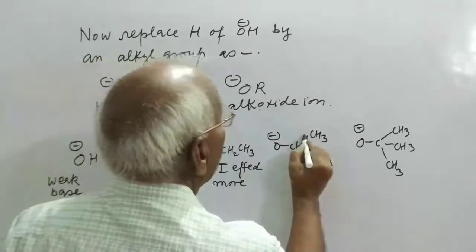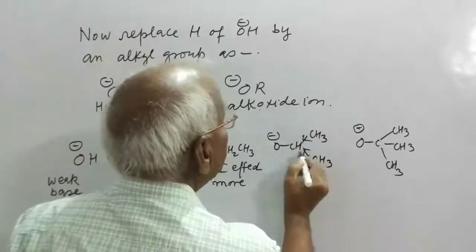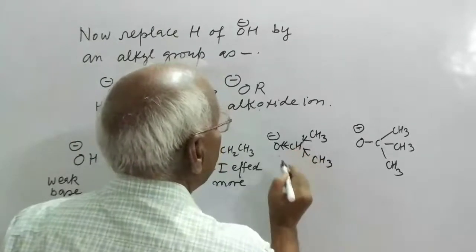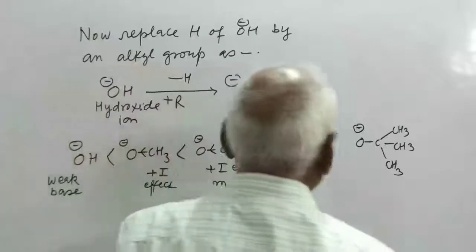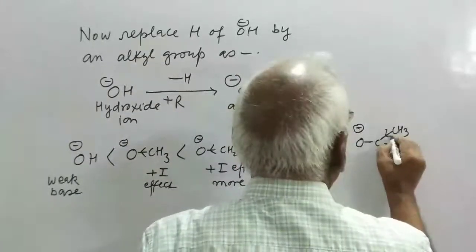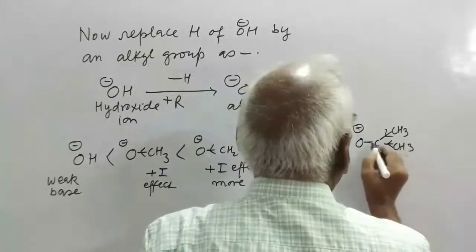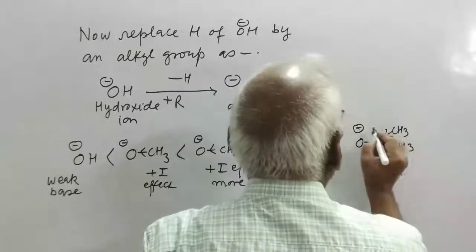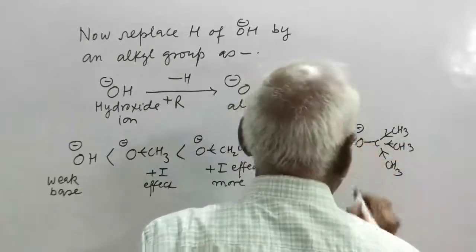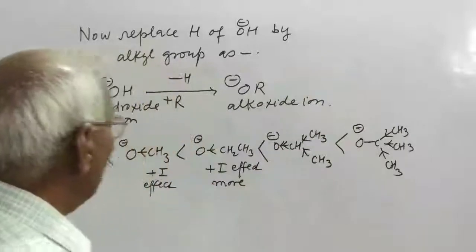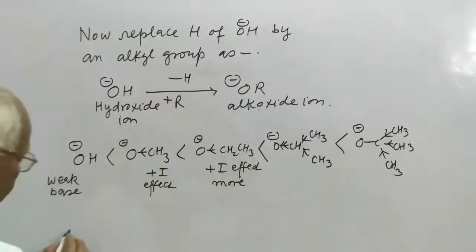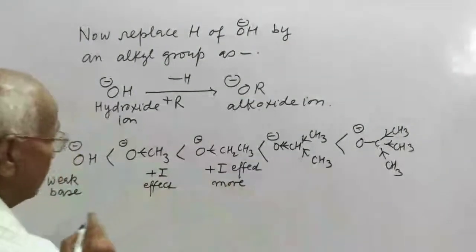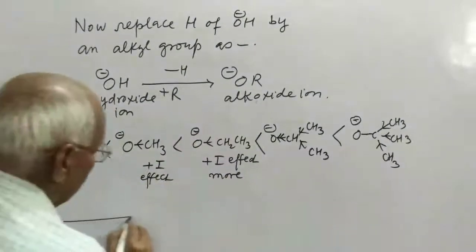Similarly, inductive effect is increasing like that, so this is greater in basicity, and likewise this tertiary butyl one is more basic, so it is the strongest base. So basicity increases due to increase in plus I effect.